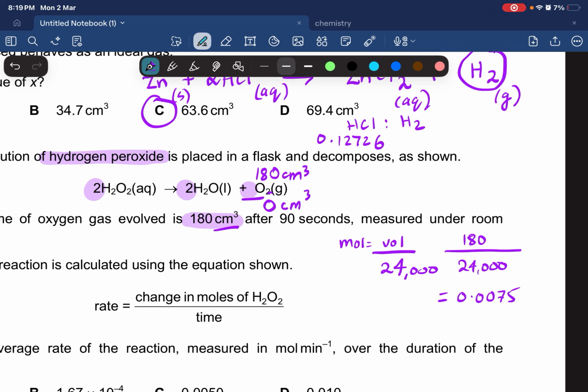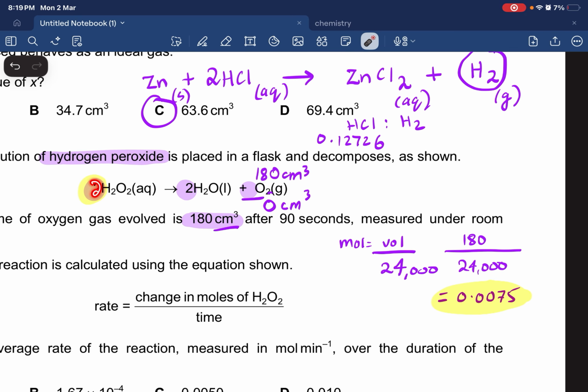Now, do you guys realize one thing? If these many moles of oxygen are being formed, then double the moles of H2O2 are going to decompose because the mole ratio is 2:1.